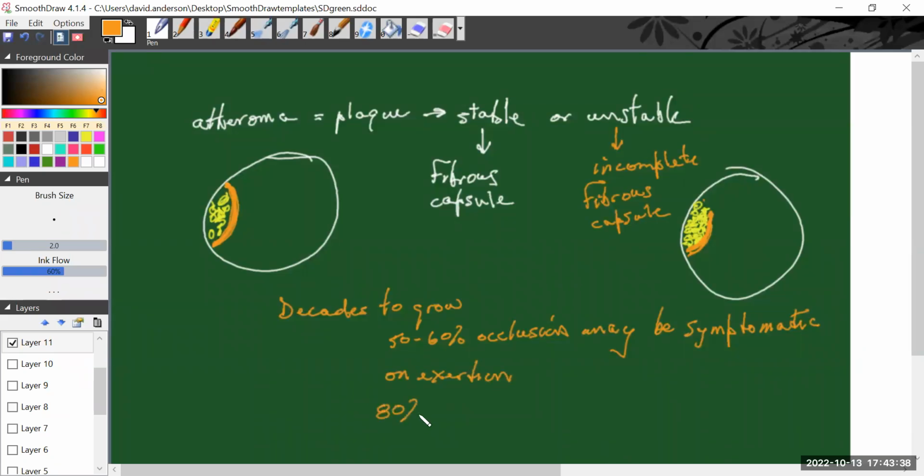But it's going to have to be somewhere in the vicinity of 80% occlusion to be symptomatic at rest, and maybe more.